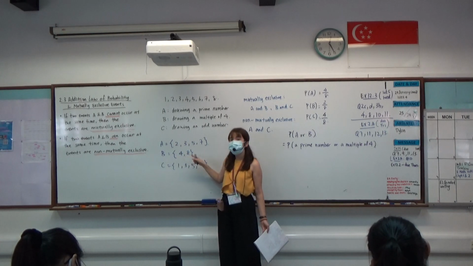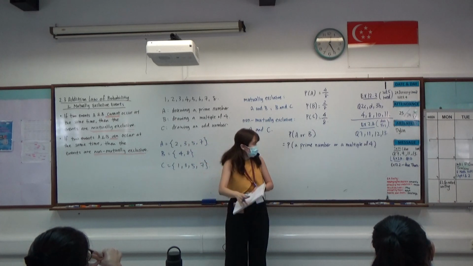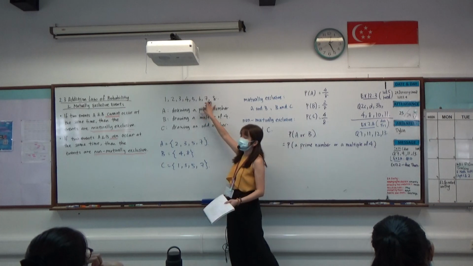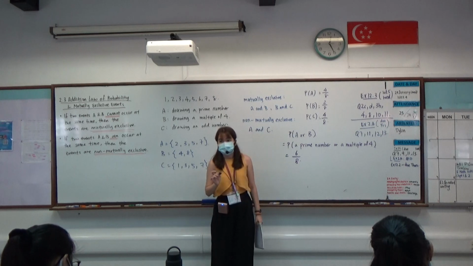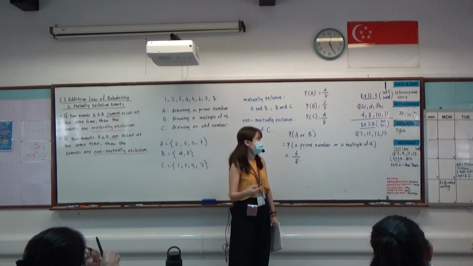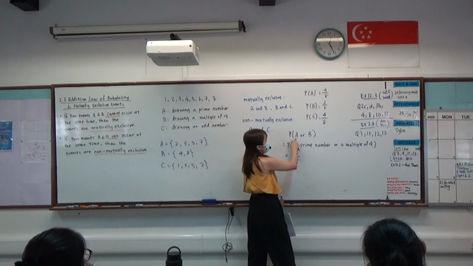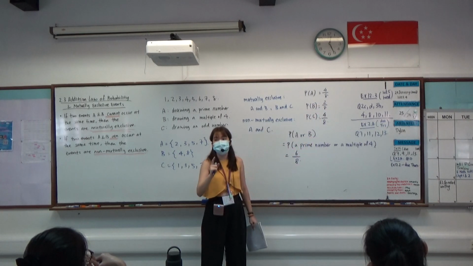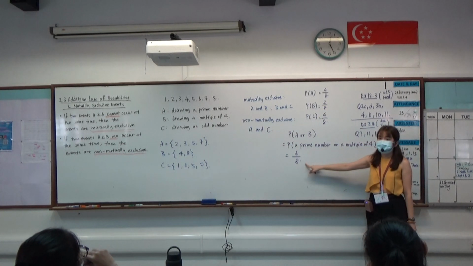Getting a multiple of 4, 2 of them are. So there are 6 of them that actually satisfy the event of prime number or multiple of 4. So 6 out of a total of 8, we will see that the probability is 6 over 8. Agree? Okay, so 6 over 8, if we try to draw a pattern to the probabilities that we get over here, we notice that probability of A is 4 over 8, probability of B is 2 over 8. So coincidentally, 4 over 8 plus 2 over 8 is actually equal to 6 over 8.